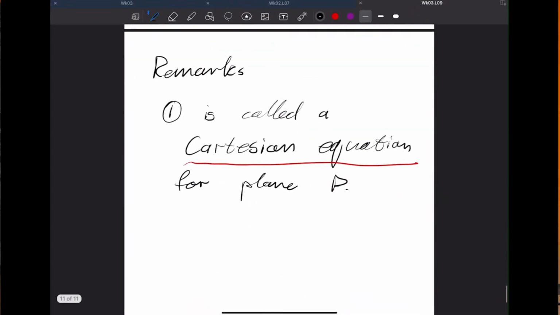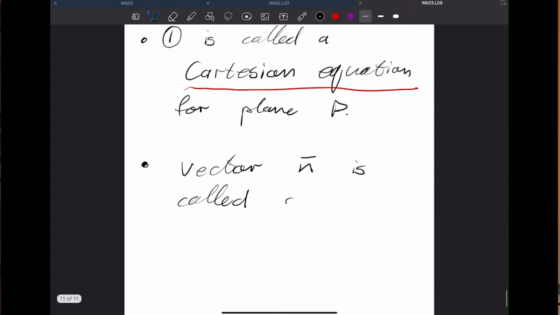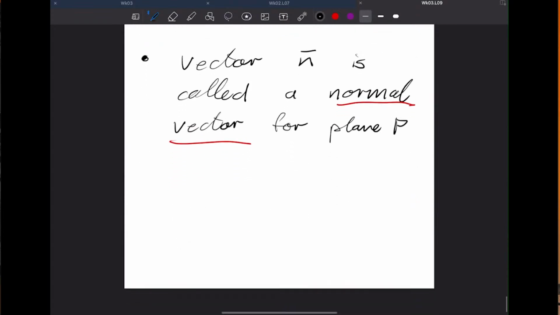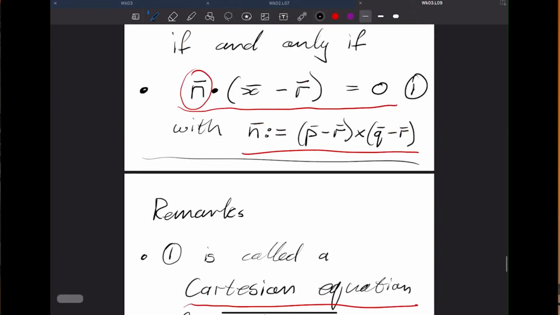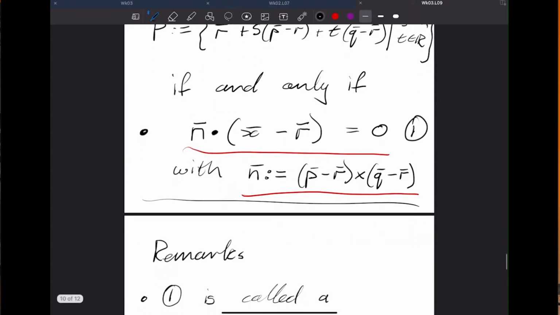It is called a normal vector for the plane P. So the vector n is called a normal vector for the plane P. Okay, and very often we write this equation number 1 that we have here in a little bit of a different form.